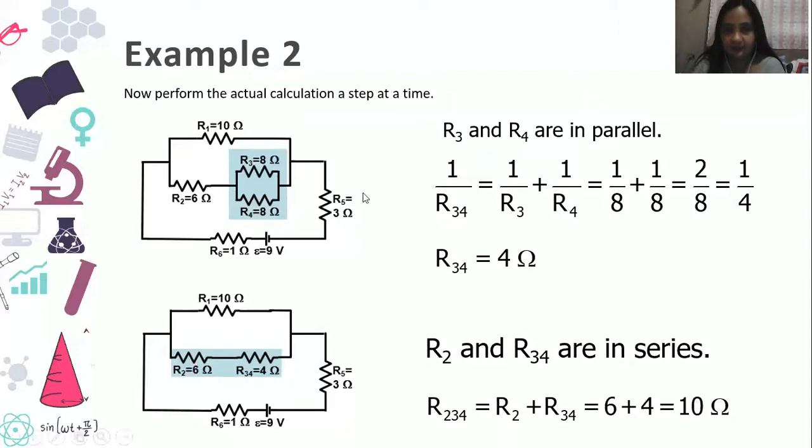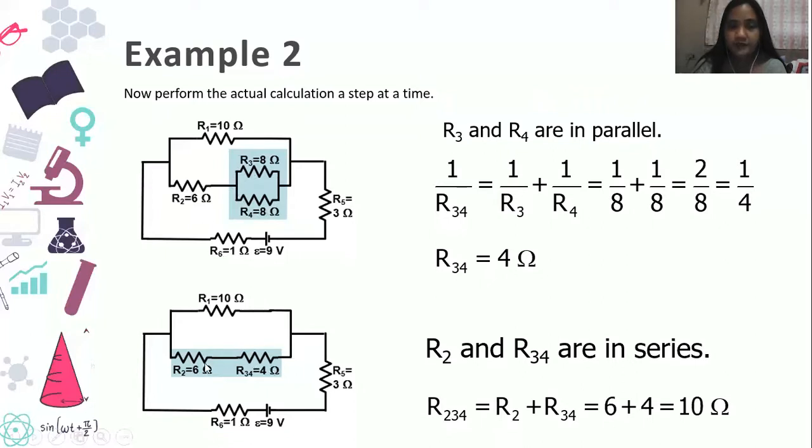So again, I'll review what I did. First, this was the original circuit. Identify the small chunks. The first small chunk is 8 in parallel to 8. So that's 1 over 8 plus 1 over 8. It's actually 1 over 4. Then get the inverse. That's 4 ohms. Also, after doing that, it's a 4 and then 6.